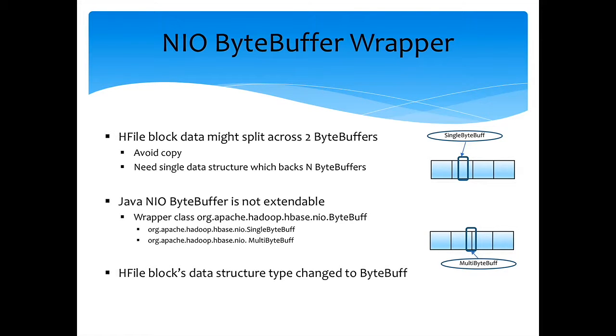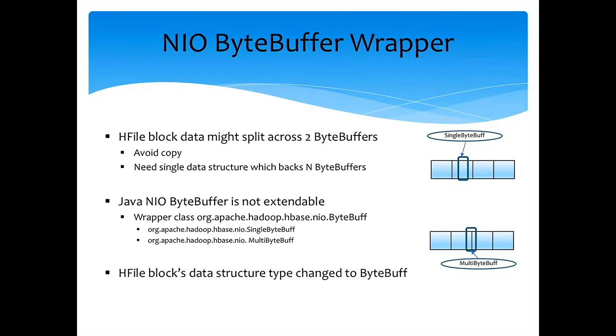So where do you get this SingleByteBuff? In the case where you are reading from HDFS, so there is nothing in your bucket cache, things are being read from HDFS, and it is going to form an HFile block. In that case, you can definitely wrap your entire HFile block with a normal on-heap byte buffer. That comes under SingleByteBuff.